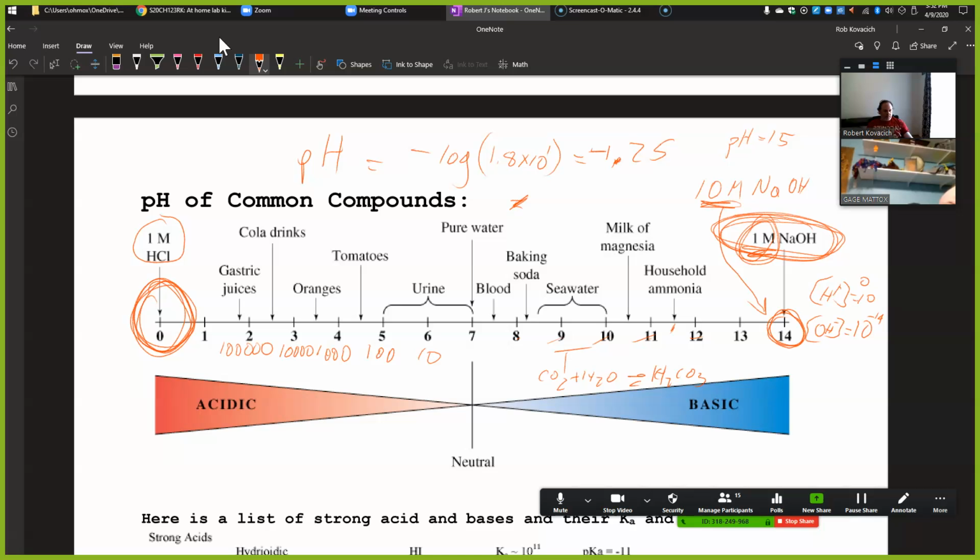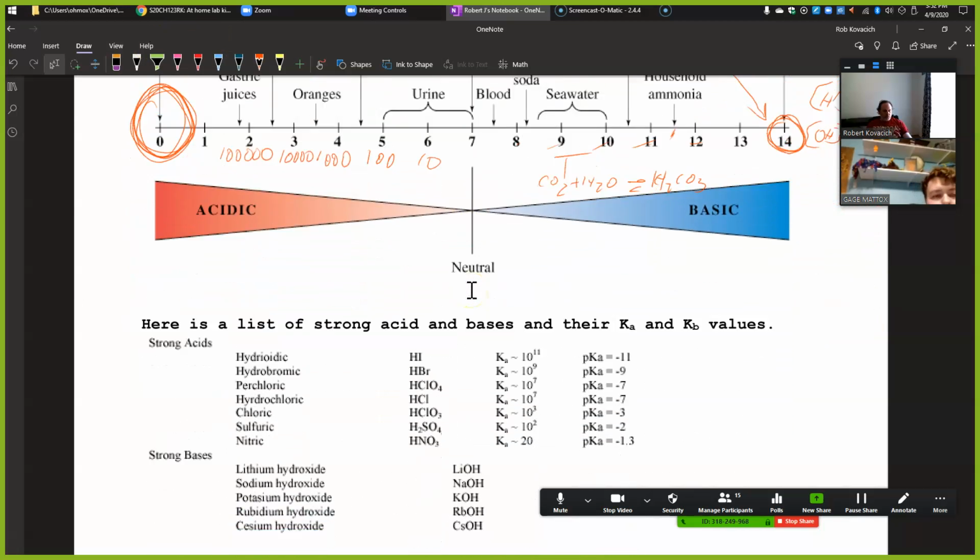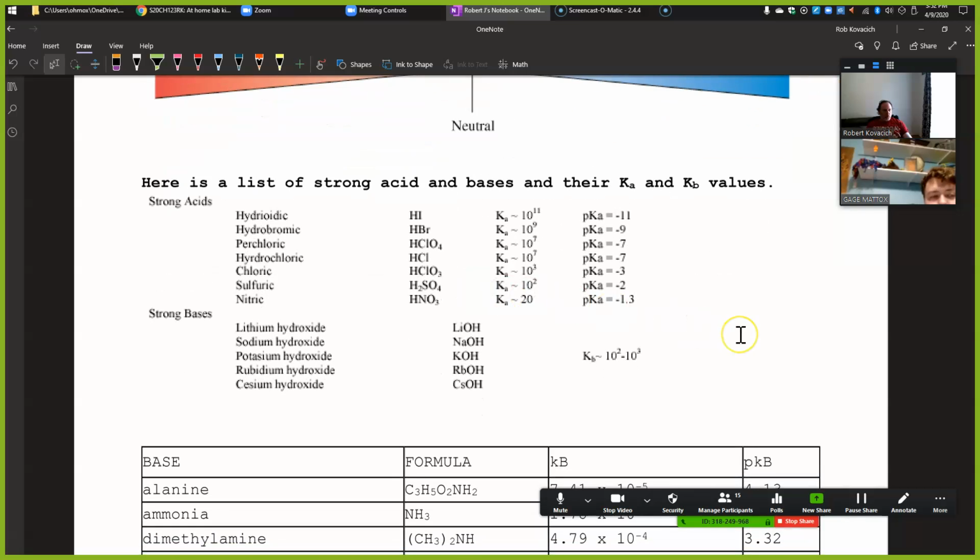Okay. So here are some KAs for some strong acids and strong bases. They're numbers greater than 1. So for all practical purposes, we're saying that the whole reaction goes one direction and there isn't an equilibrium going on here.